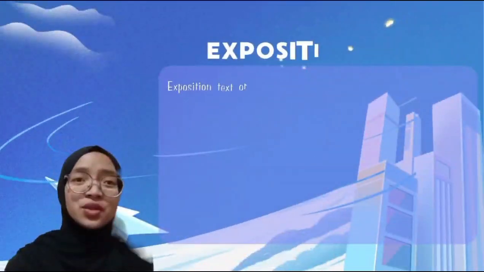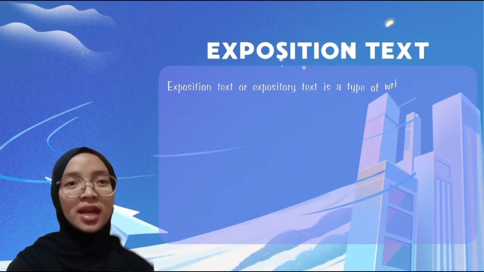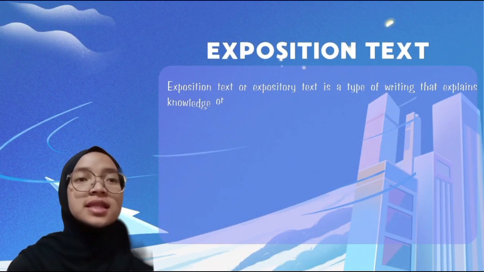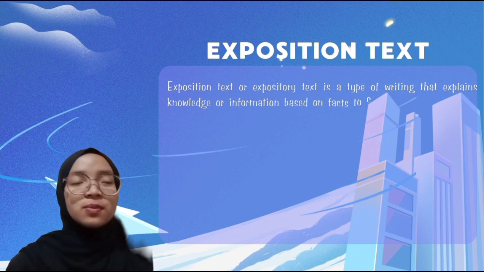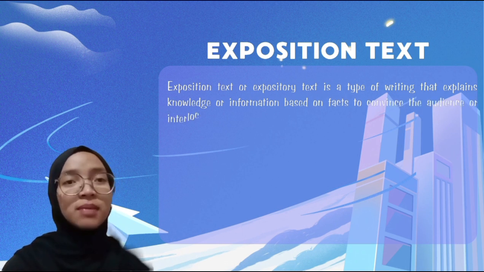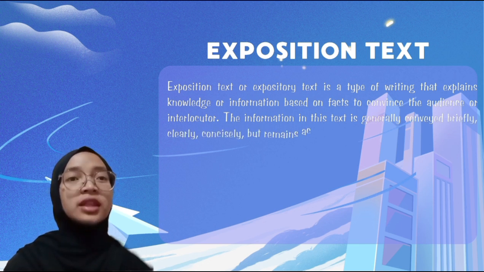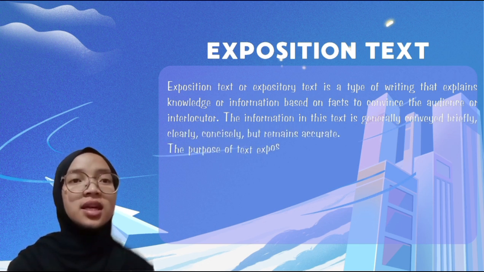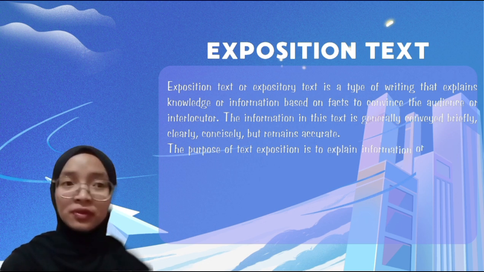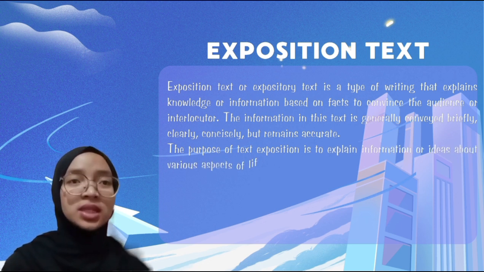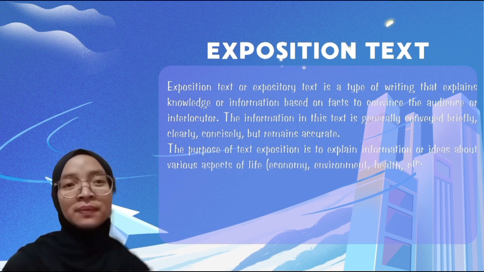Okay, exposition text. Exposition text or expository text is a type of writing that explains knowledge or information based on fact to convince the audience or interlocutor. The information in this text is generally conveyed briefly, clearly, concisely, but remains accurate.